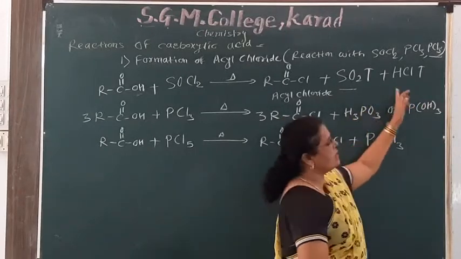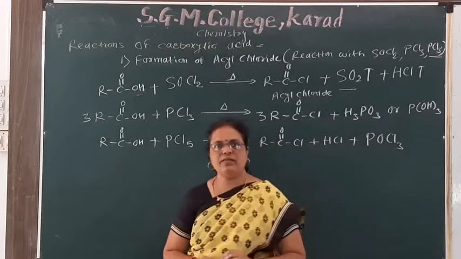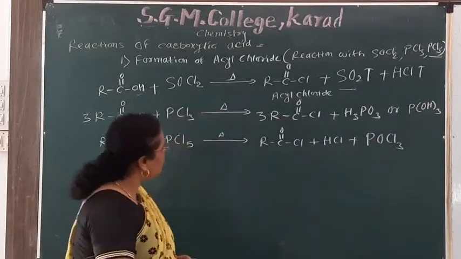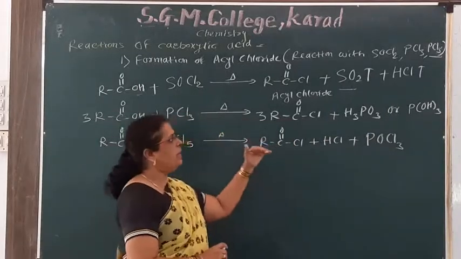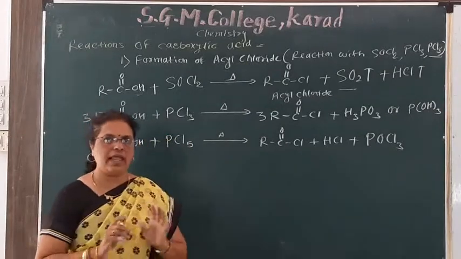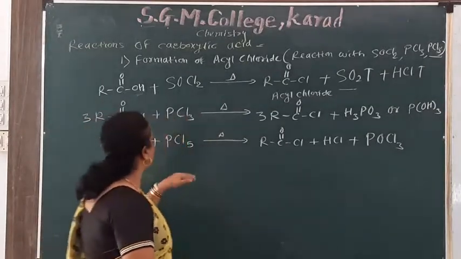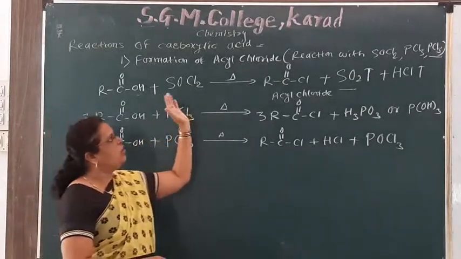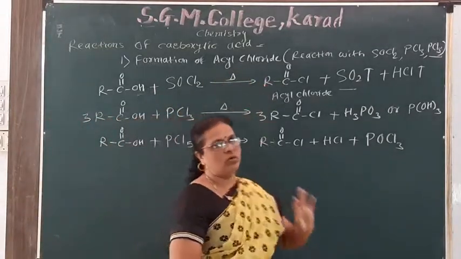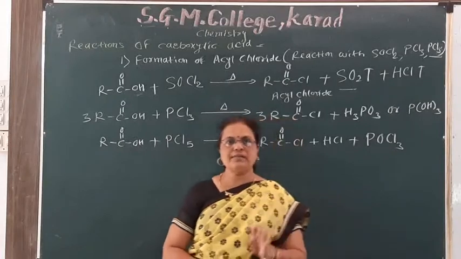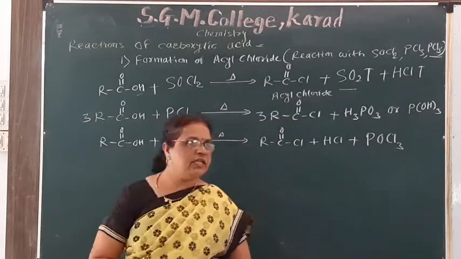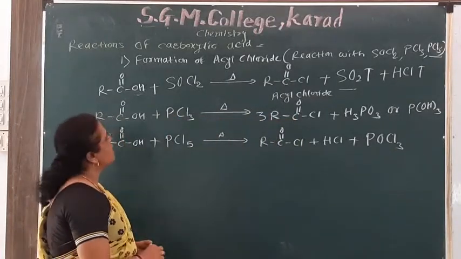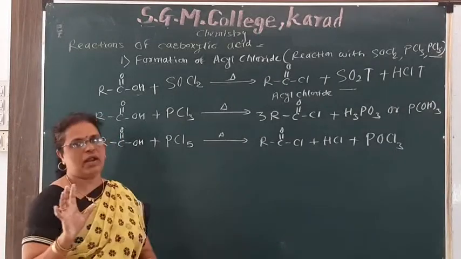These two byproducts are in gaseous state. Therefore they escape or separate easily from the reaction mixture, and therefore SOCl2 is the best reagent to prepare acyl chloride. This is the first reaction of carboxylic acid, that is formation of acyl chloride.